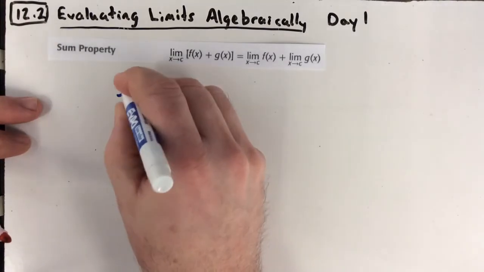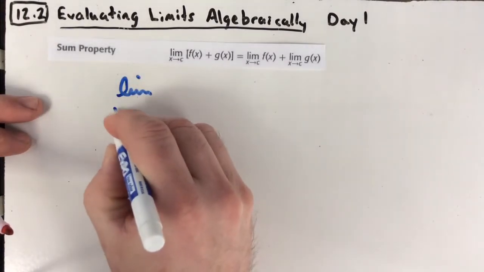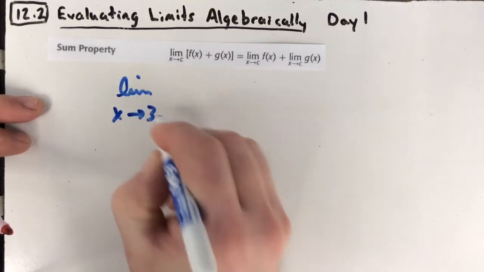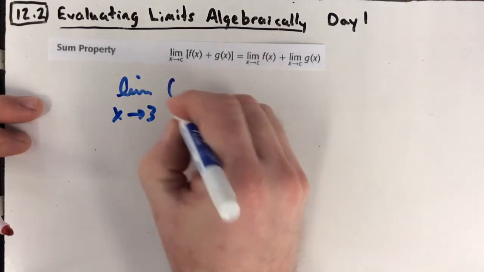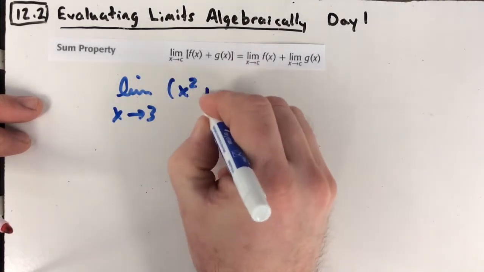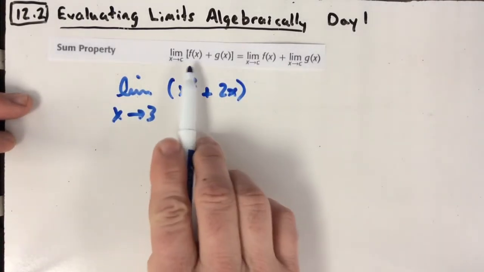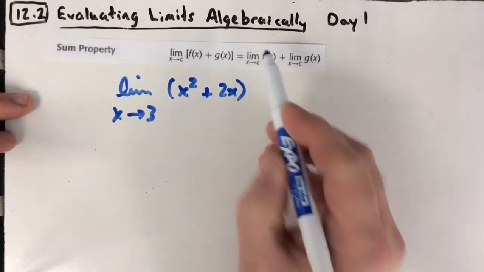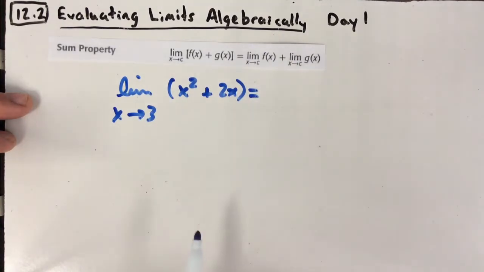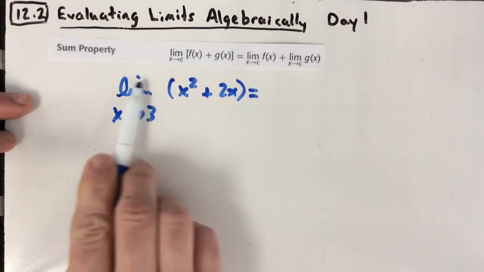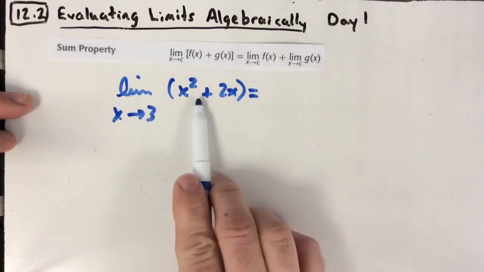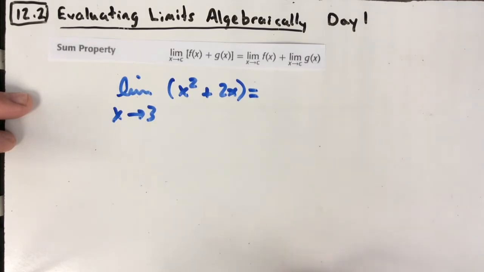We might have the limit as x approaches 3 of 2 things being added together. Let's say x squared plus 2x. Okay? So that's like f of x and g of x. What that's going to be equal to is this. This limit will go in front of each one of these, and we can break it into 2 separate limits.